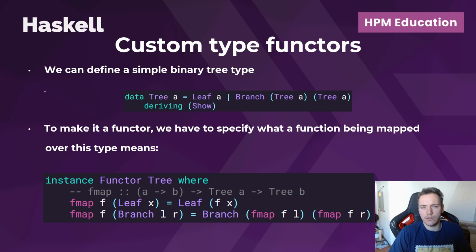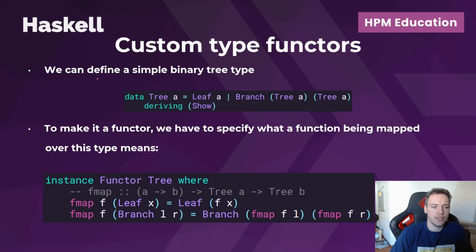We know that functors support this method fmap, which generalizes function mapping over a data structure. So when we have our own type and we want to make it a functor, we simply need to think about what mapping a function over our type means, and what we want the result to be, what we want it to do.